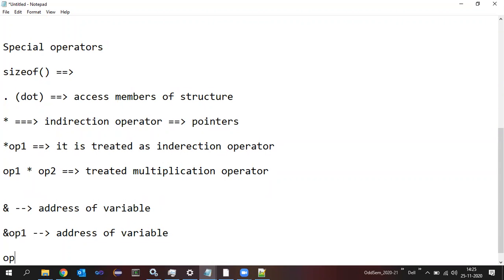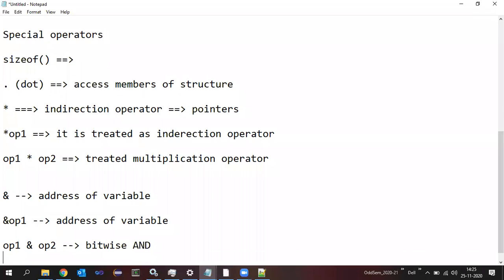If it is something like this, operand 1 & operand 2, then it is treated as the bitwise and operator. Again, here it has different meanings. How can that different behavior be obtained? By the number of operands it operates upon.